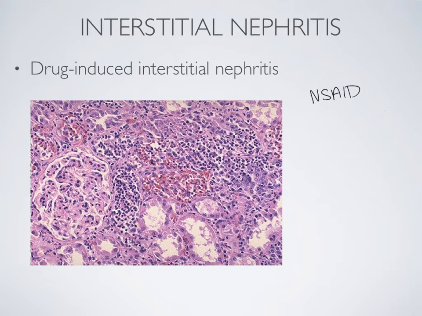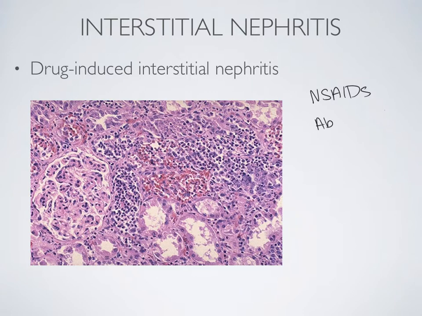These are non-steroidal anti-inflammatory drugs. Ibuprofen, Aleve are the common NSAIDs that people take. And with chronic use, you can actually set up a chronic inflammatory response. It's a little bit damaging to the tubule cells.